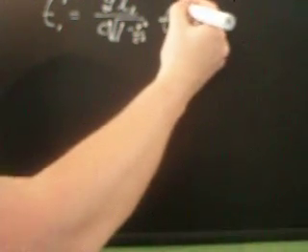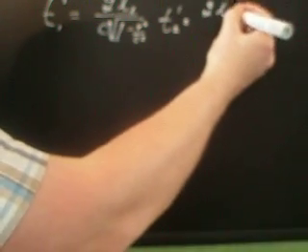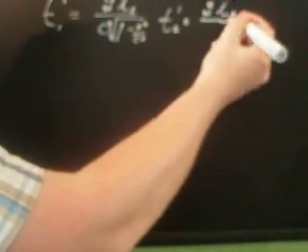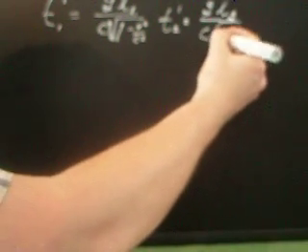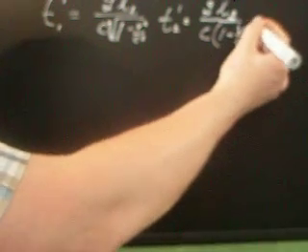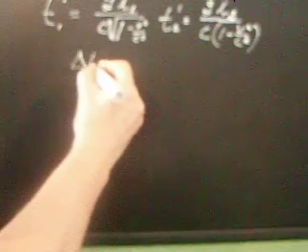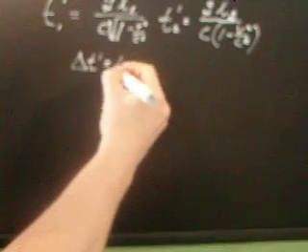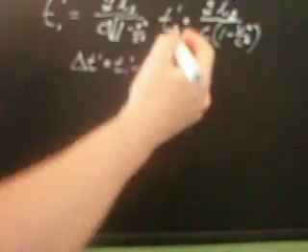T2 prime, with L2 pointing in the direction of the motion of the Earth, is equal to 2 L2 divided by c times 1 minus v squared divided by c squared. Here we can also calculate delta T prime equal to T1 prime minus T2 prime.